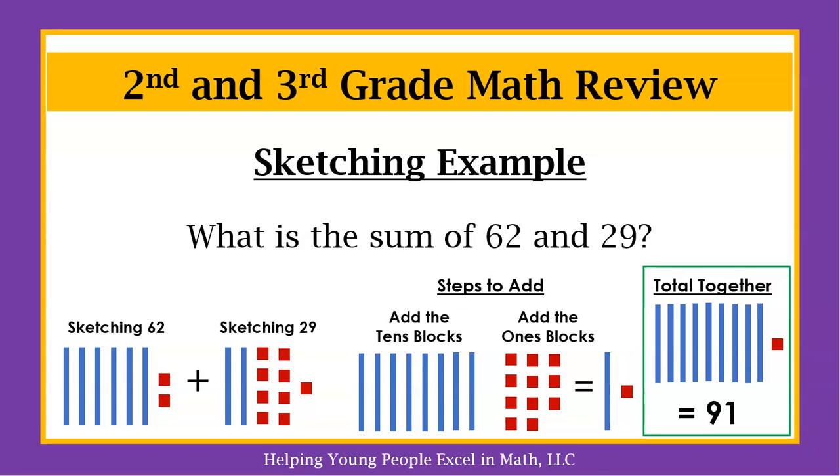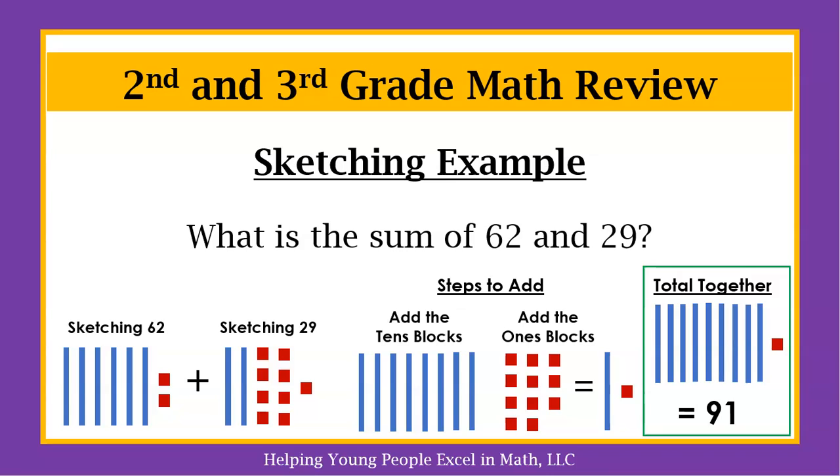So now we have a total of 1, 2, 3, 4, 5, 6, 7, 8, 9 tens blocks and only 1 ones block. So our answer is equal to 91. And this is how you use sketching in order to add two-digit numbers.